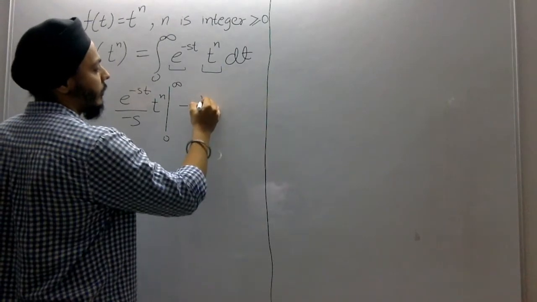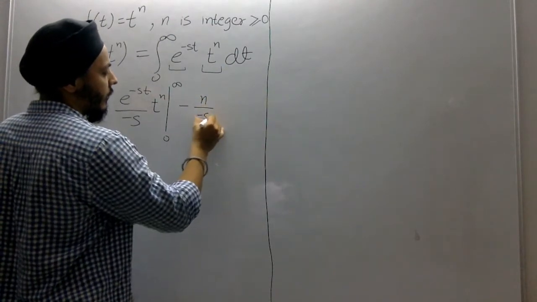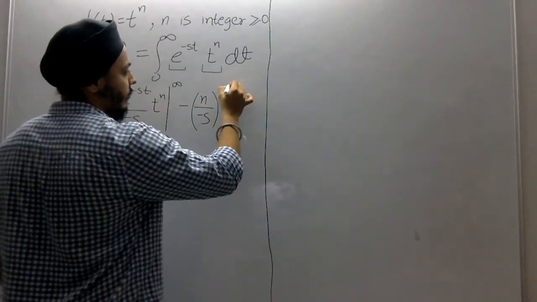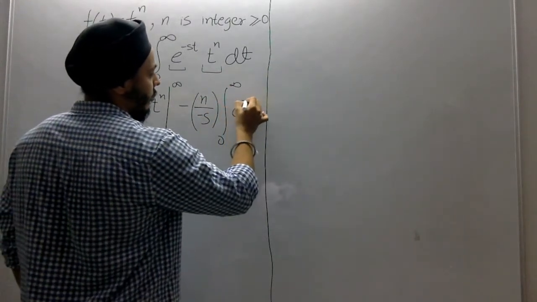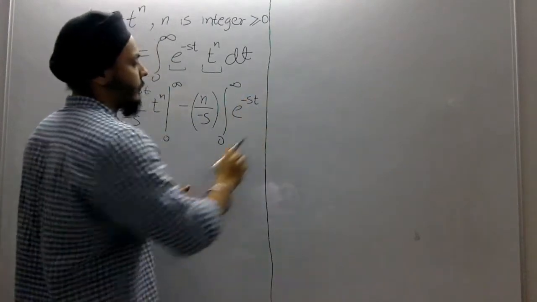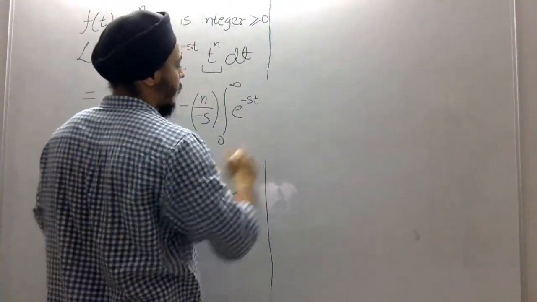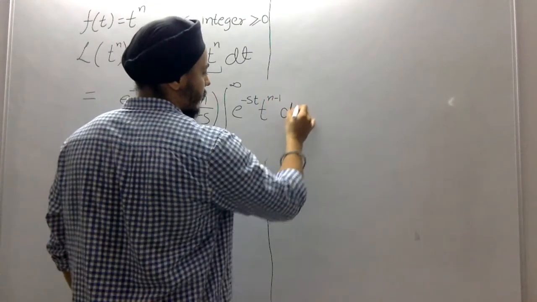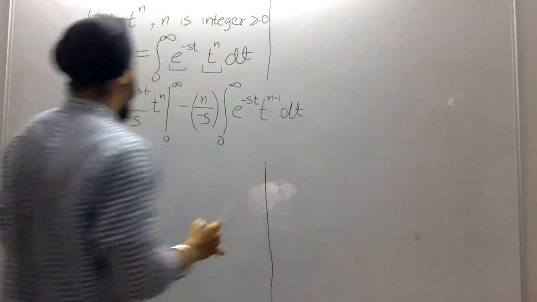So n will come outside, n over minus s, integrating 0 to infinity e to the power minus st t to the power n minus 1 times dt.